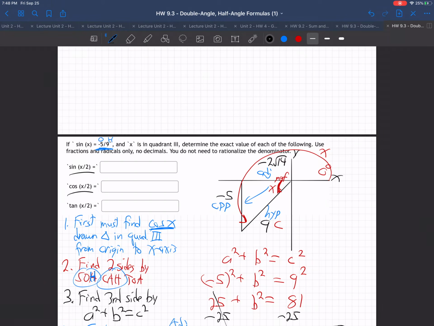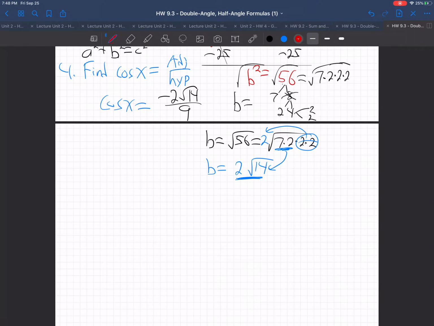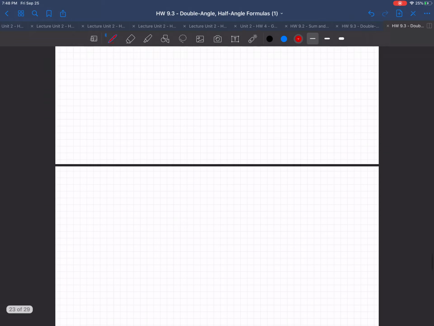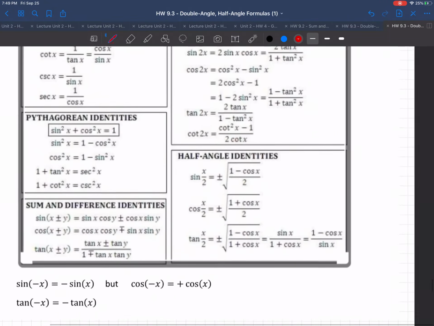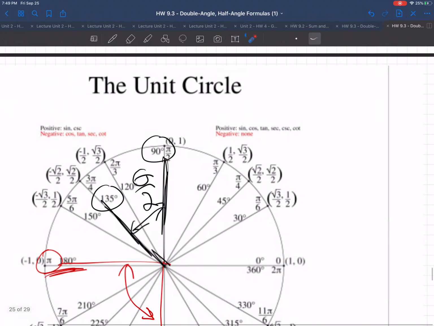Now we're able to crank out these formulas. Let's take them one at a time. They all use that cosine of x. Here we go. Sine of x over 2. You can go look up the formula sheet here, and it's plus or minus square root of 1 minus cosine x over 2. So let's go write that down.